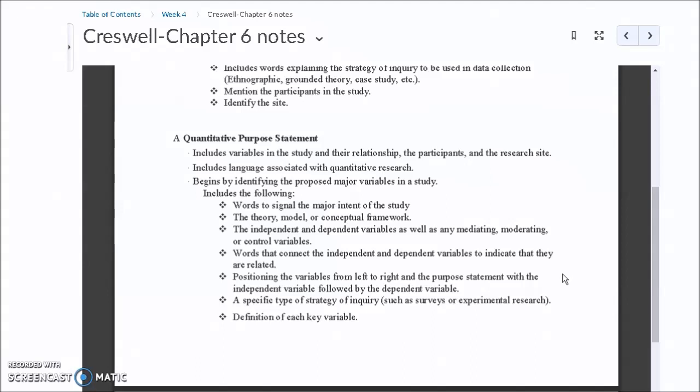There is a specific strategy of inquiry, and you can see it in the survey and the experimental research. I would highly recommend reading this chapter in detail, depending on which type of study you are doing, so that you can form a good purpose statement. So let us look at an example of it.